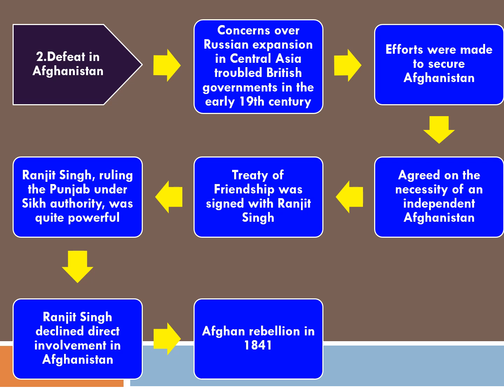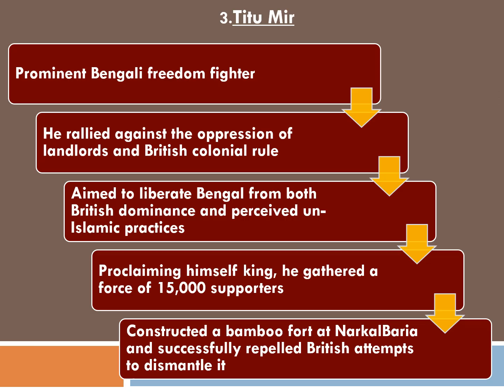However, an Afghan rebellion in 1841 resulted in the massacre or capture of the entire British contingent, sparing only one survivor to tell the events. So it was a major defeat for the British.